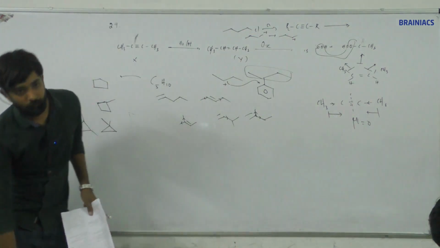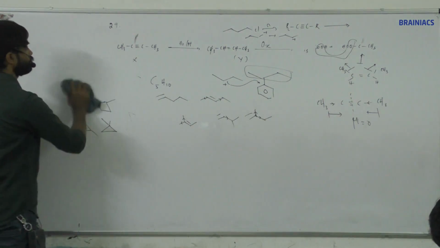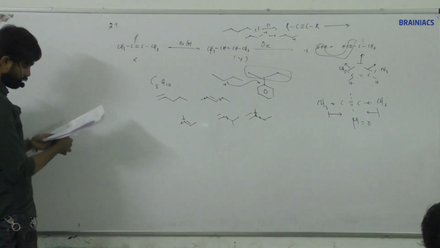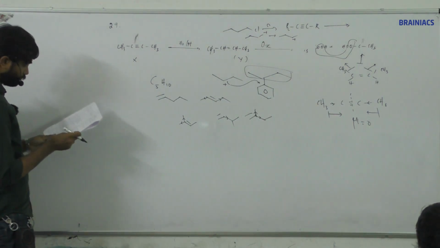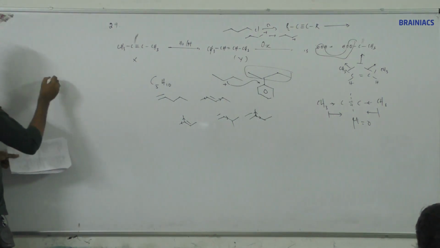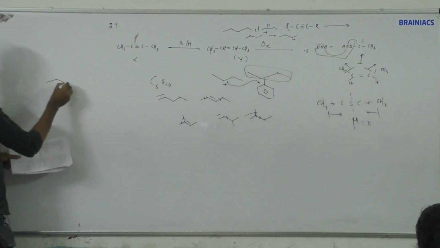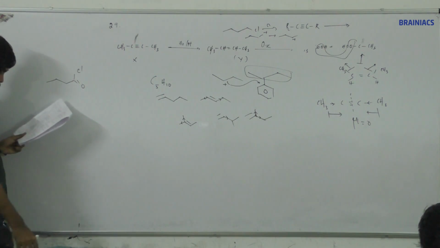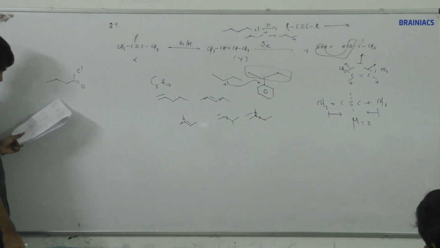What about the case in C? Butanoyl chloride means an acid chloride of carbon 4.